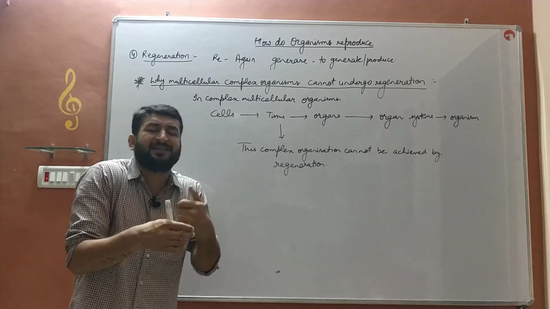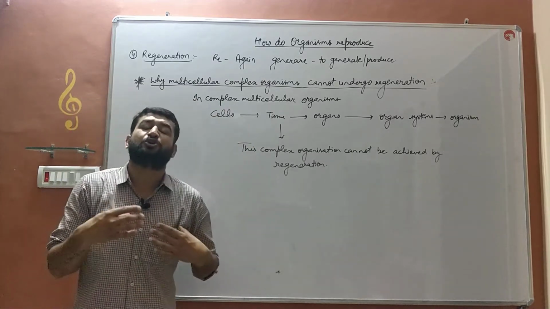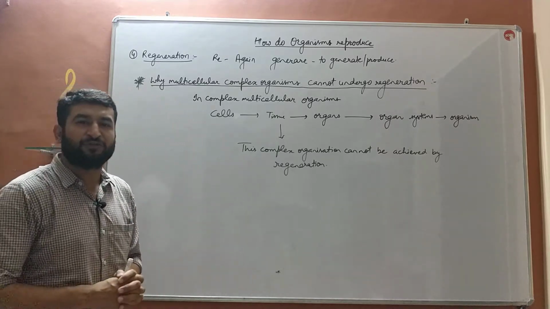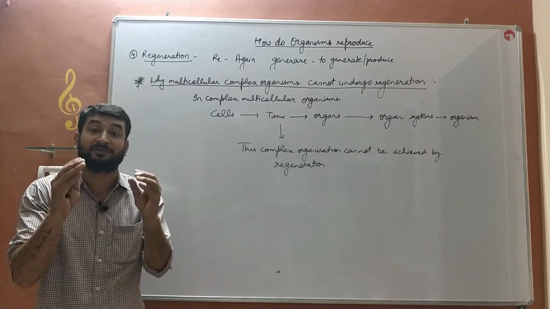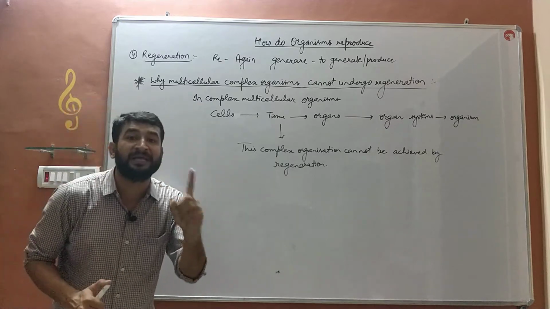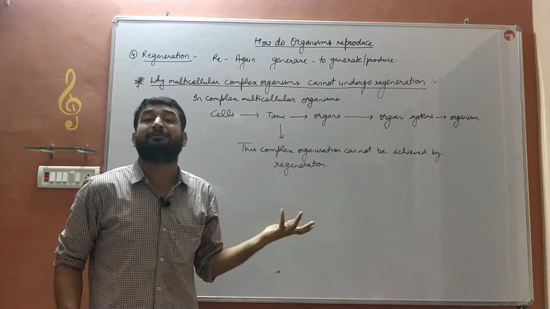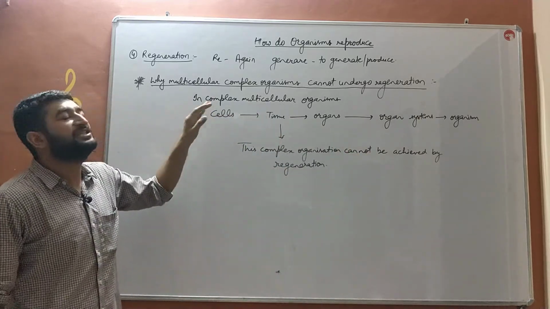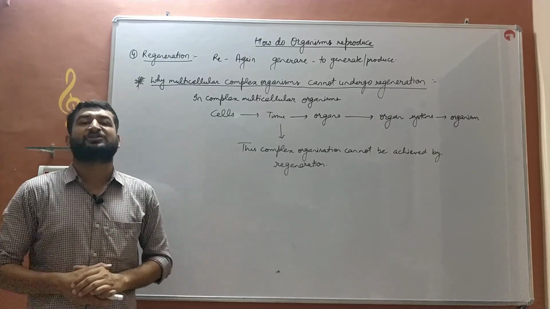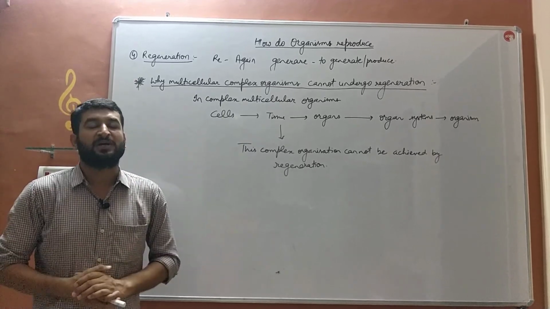Specialized cells unite to form tissues, tissues unite to form organs, various organs join together to form different organ systems, and different organ systems combine to form a complete organism. So that much complexity cannot be achieved by regeneration. That is why multicellular complex organisms do not undergo regeneration.